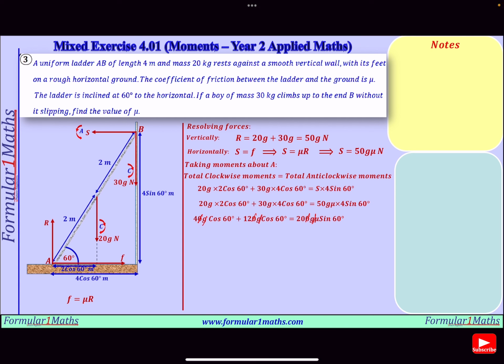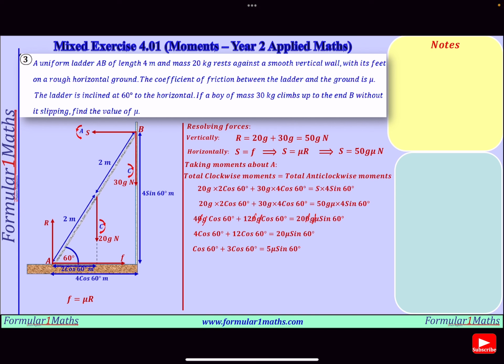And this reduces the whole equation to 4 cos 60 plus 12 cos 60 equal to 20 mu sine 60. I can reduce this equation further by dividing every term by 4 to get cos 60 plus 3 cos 60 equals 5 mu sine 60.